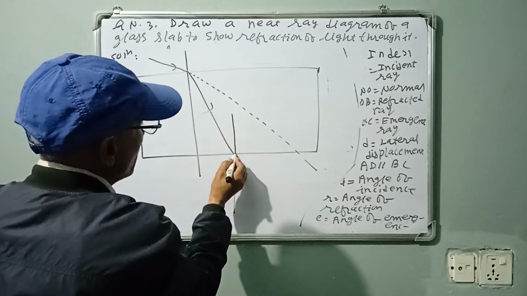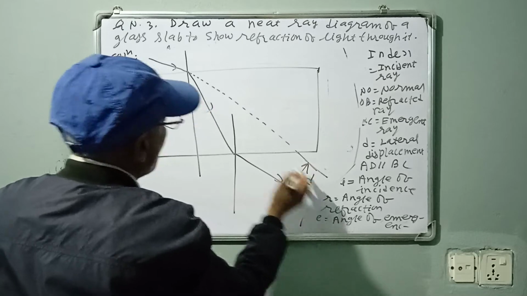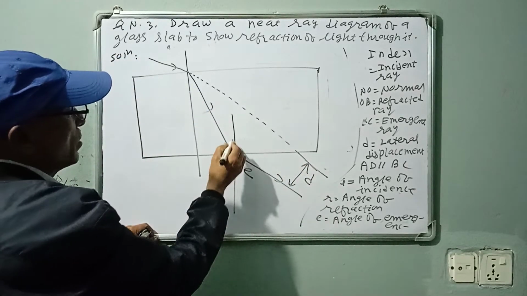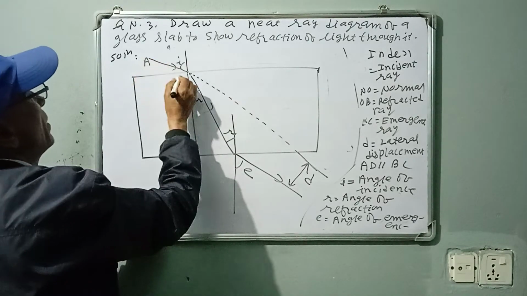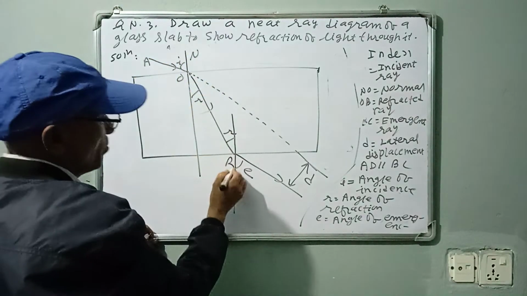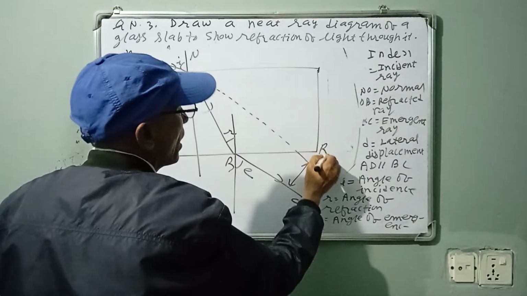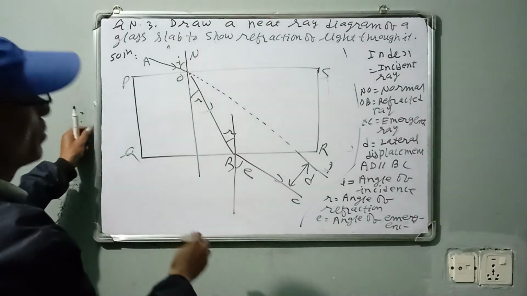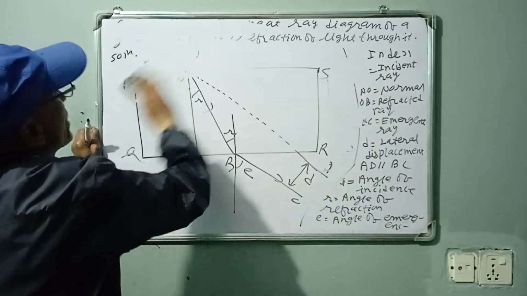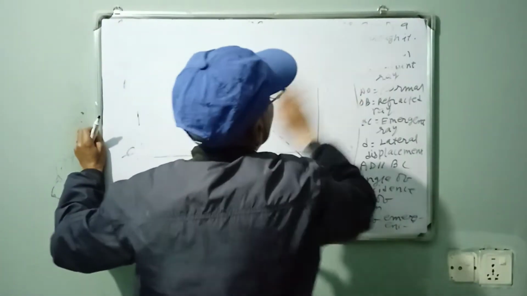You see that it is bent away from the normal. Angle of emergence E. I, A, O, N. This is B, this is C, this is D, P, Q, R, S. In this way, you can draw neatly using a scale and pencil. For the exam, especially for BLE, question number 3.